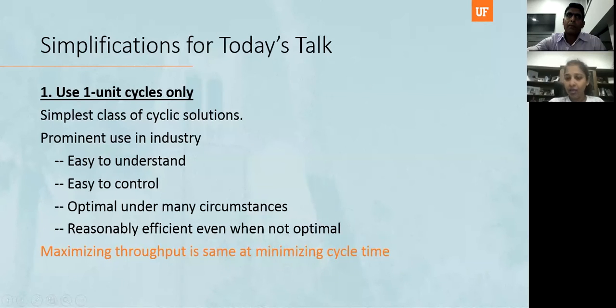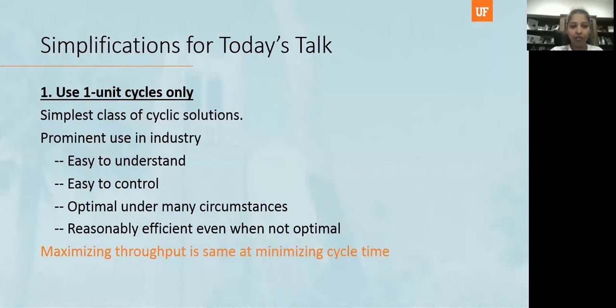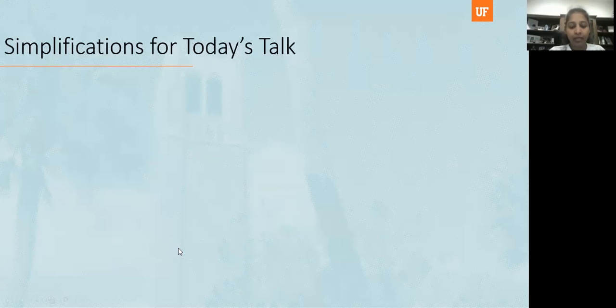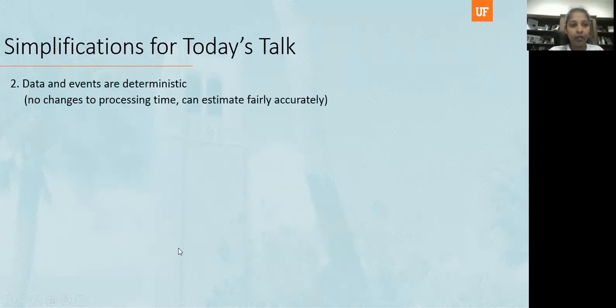So for this particular talk, this particular analysis, actually we looked at 1 unit cycles. I gave you all the reasons why we like them. And there were many other things we gathered during the process. We realized we know the processing times deterministically. Sometimes you may not, but in this particular case we knew, simply because this is semiconductor wafer manufacturing, they know everything with very high precision.